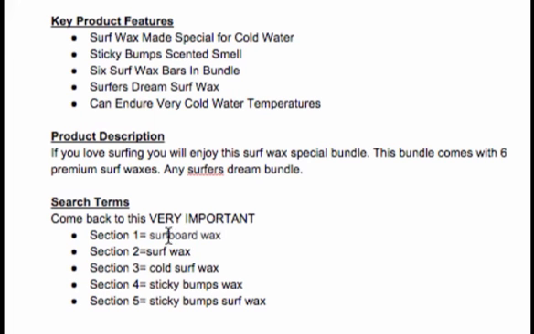So your search terms, the Amazon section actually says put your search terms back here. And I actually like to help Amazon. By that I mean, I think Amazon wants my help in knowing the exact way that I want Amazon to rank and understand the search terms that I want to rank for.